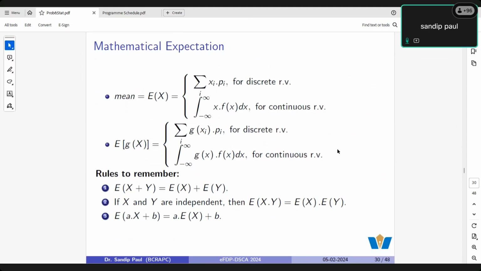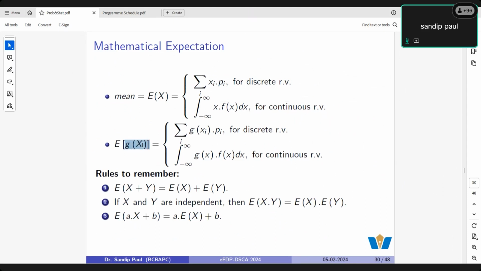Okay, now mathematical expectations. We can find the expected value of each random variable through the formula. It is actually the mean of the random variable. By definition, if we have a discrete random variable, the mean will be the sum of x times its probability. But if it is continuous, the mean will be the integration of the product x and f(x) over the range of x values.